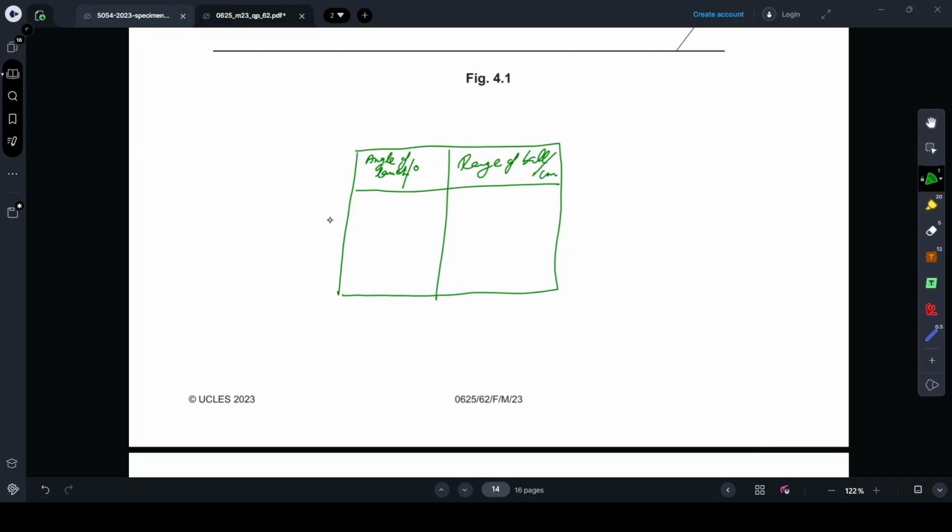And how many repeats are you going to do? How many angles are you going to do? 15? I'm taking a random guess. No, you're going to take 5, 10, and for each, what you want to do is take 3 repeats.